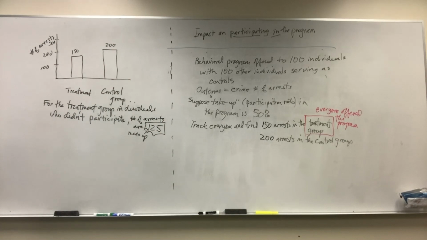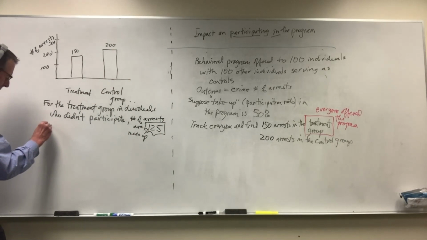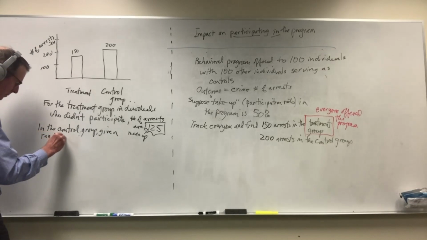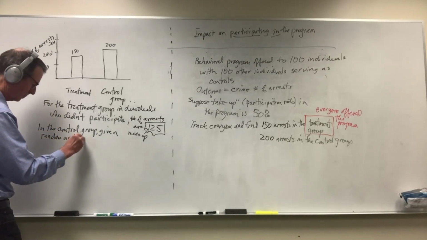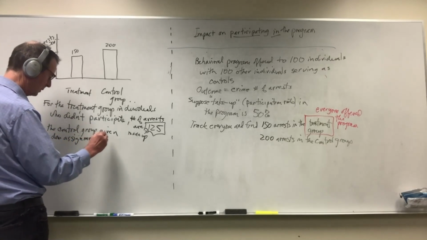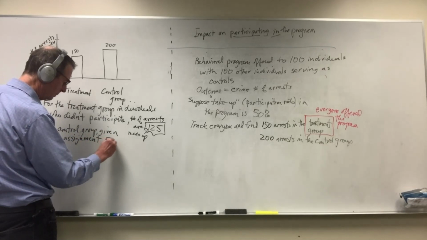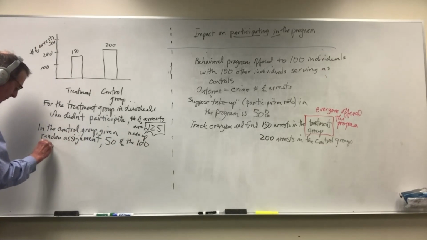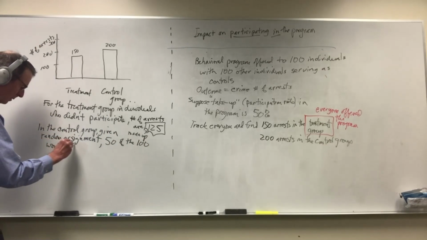All right, anybody see what we can do here? In the control group, given random assignment, 50 of the 100 wouldn't have participated.